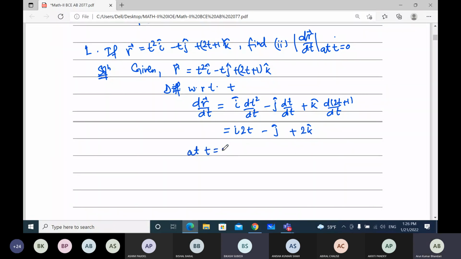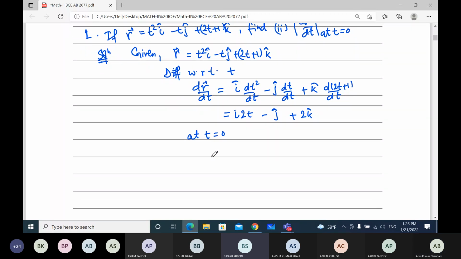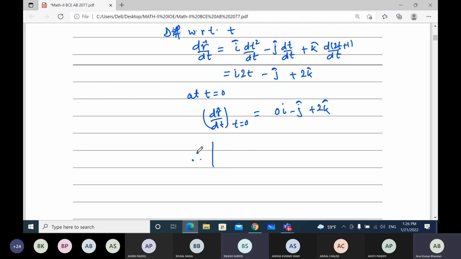At t is equal to 0, dr by dt at t equals 0 is 0i minus j plus 2k. We are asked to find the magnitude of this: square root of minus 1 square plus 2 square, which equals root over 5. This is your answer. So nothing hard to understand.